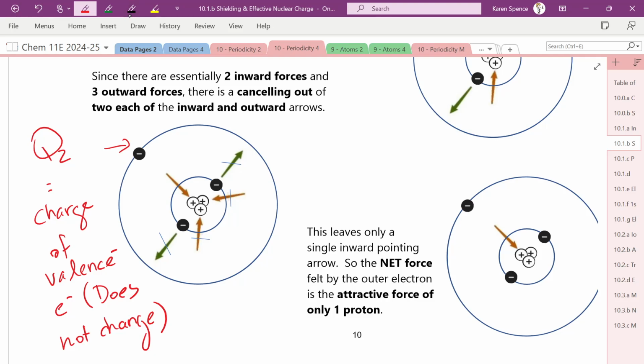So what we do is we say, we can cancel out a pulling force with a pushing force because they're going to be equal, because I've got a +1 and a -1, pulling and pushing. I've got another pulling force and another pushing force. So in essence, we're canceling out a core electron with a proton.